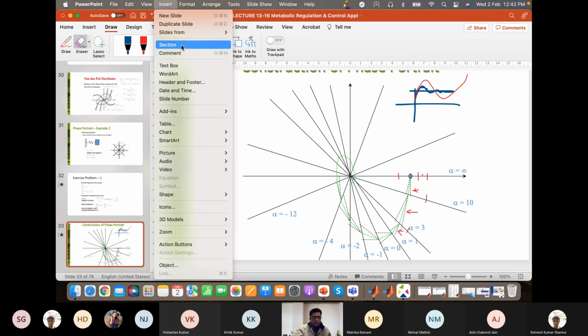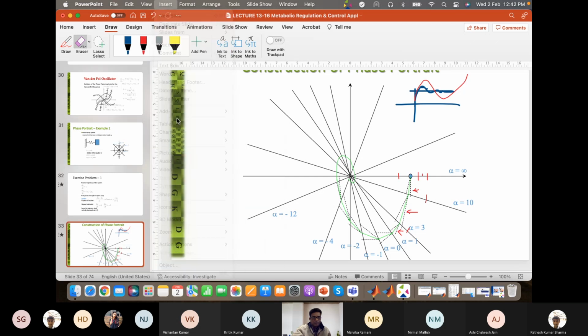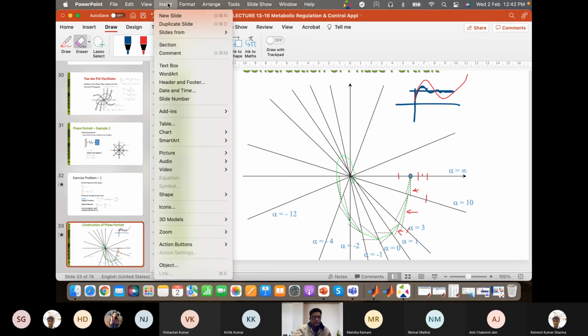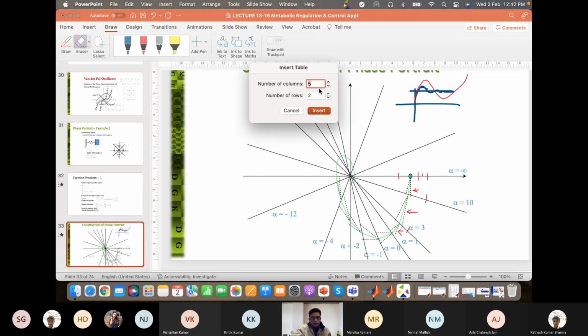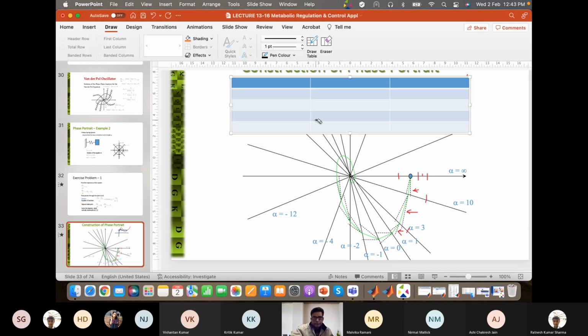Insert. Can you see a table here somewhere? Yeah. I want 3 columns. The number of rows maybe 5.